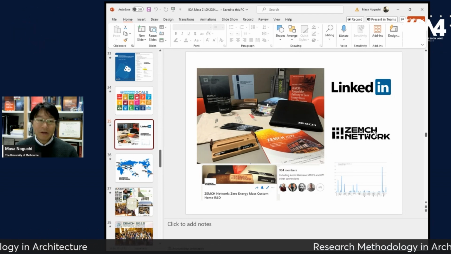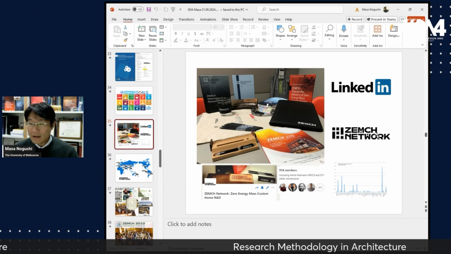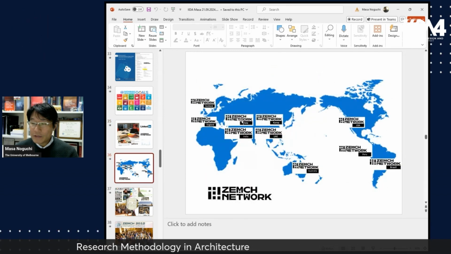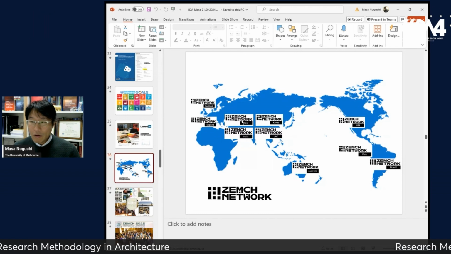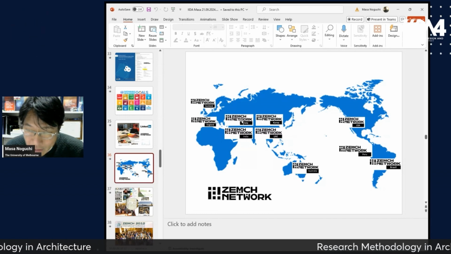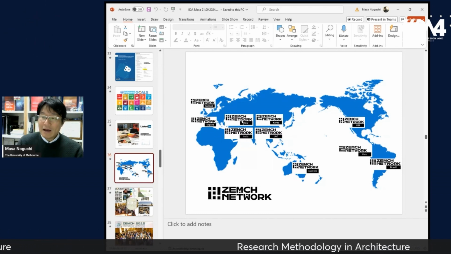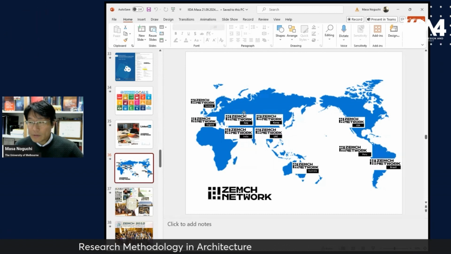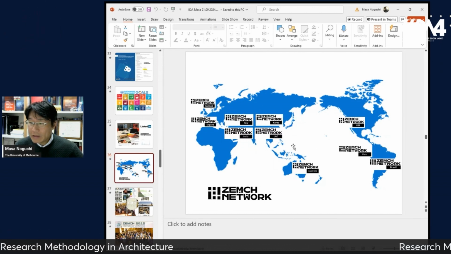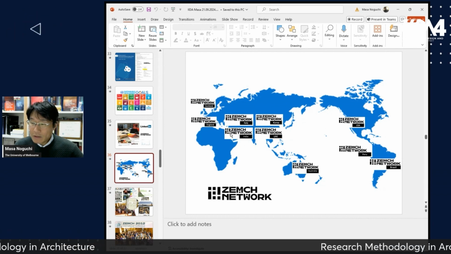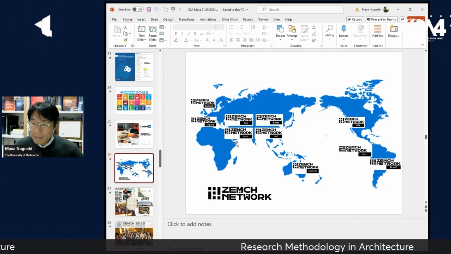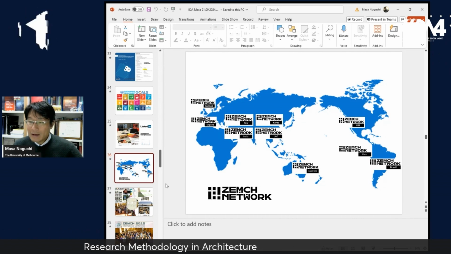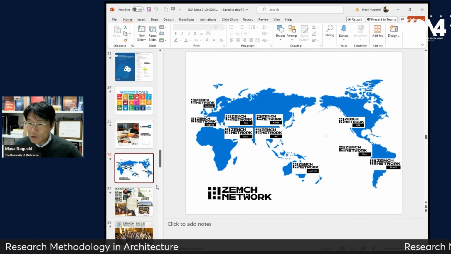ZEMCH is an abbreviation of Zero Energy Mass Custom Homes. And in order to respect local language capacity, opportunities, and limitations, some regional groups are also developed, and India is one of the very active regional groups. Today I'm going to showcase it later.